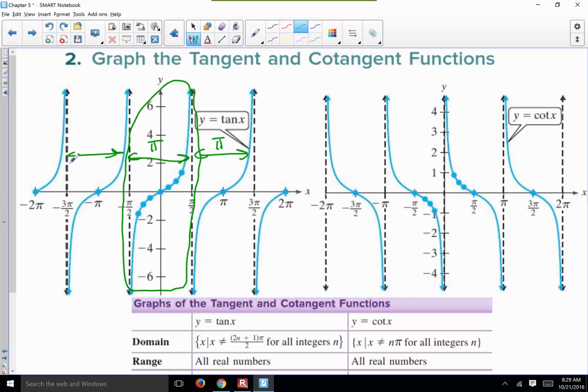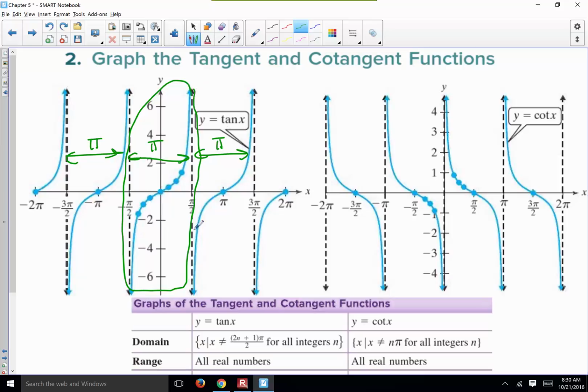At every pi range, the shape repeats. So sine, cosine, secant, cosecant all have wider periods, 2 pi, but tangent and cotangent have half the distance. They go half the distance and complete the cycle. And tangent is always going all the way from down to up.